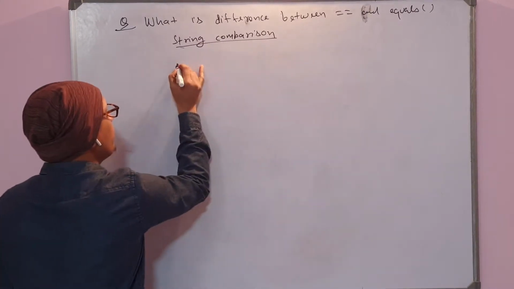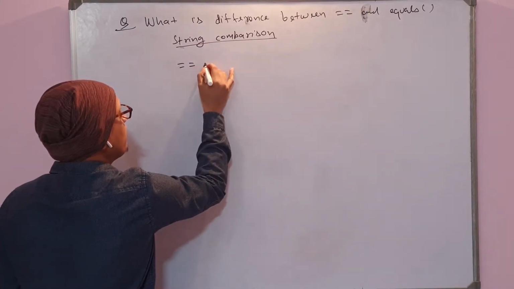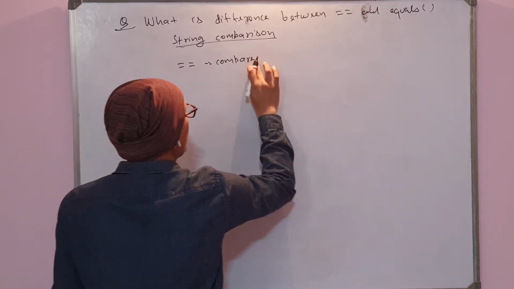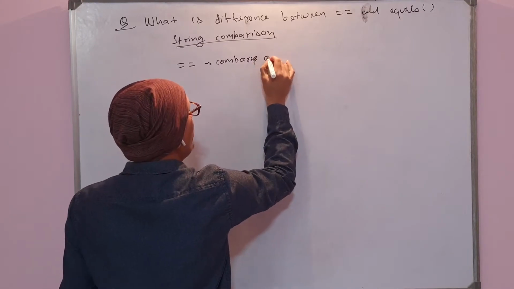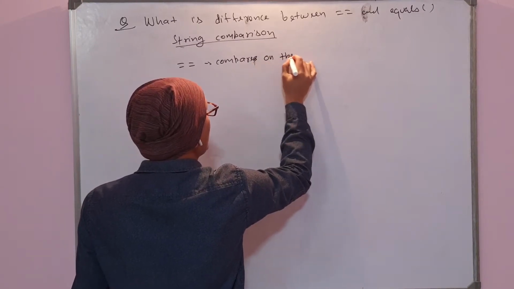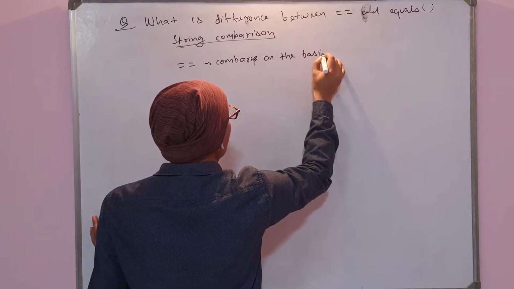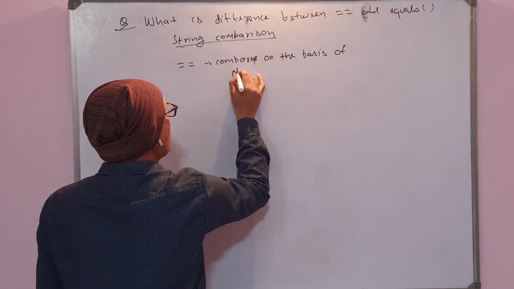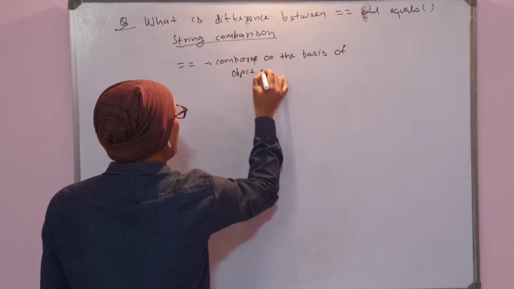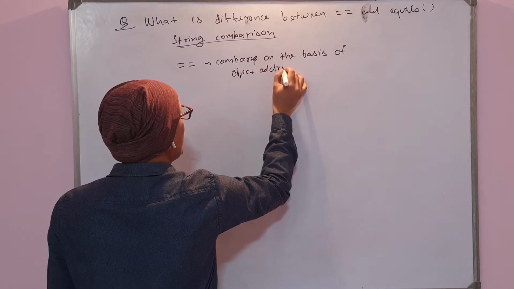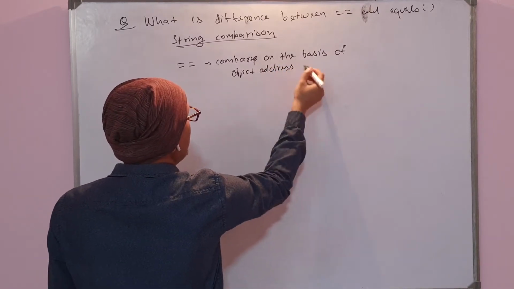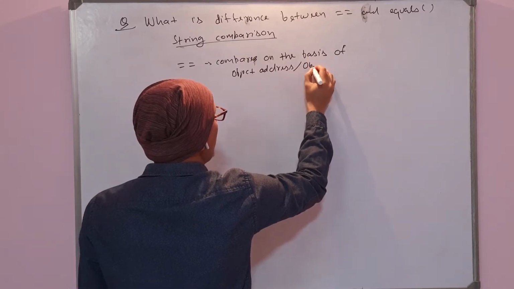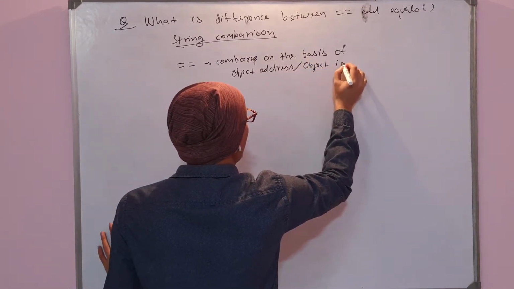So we always say that this compares on the basis of object address. Generally we don't have any address concept, so you can say object identity.